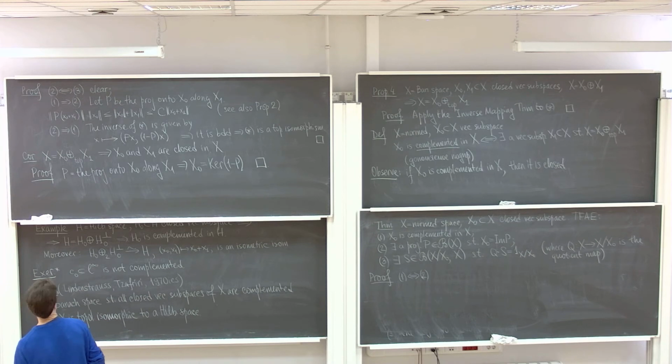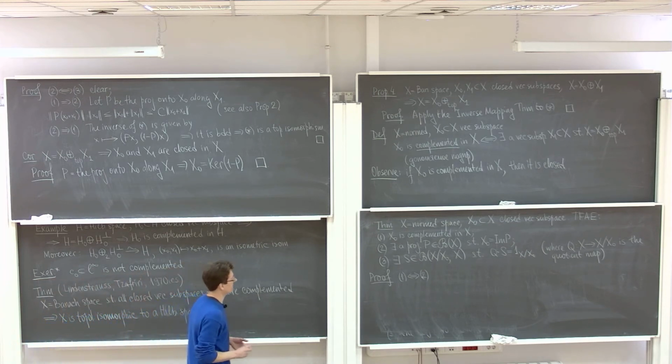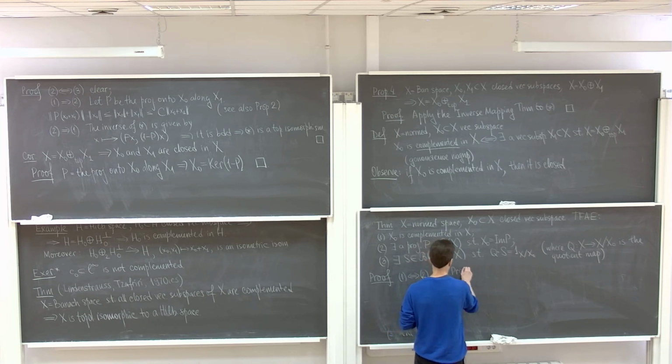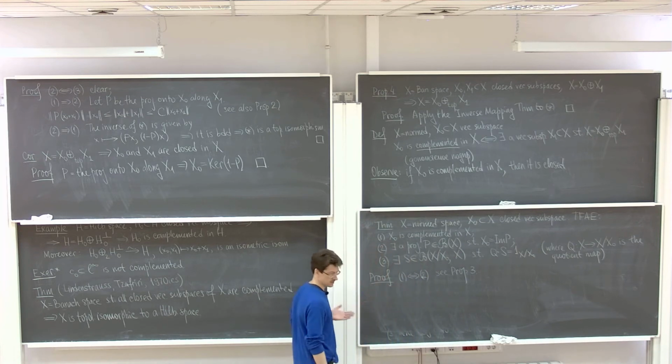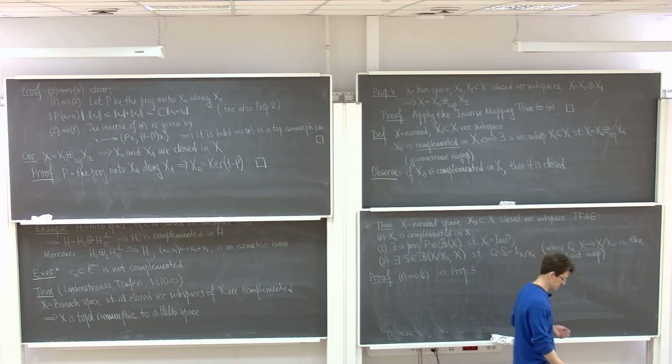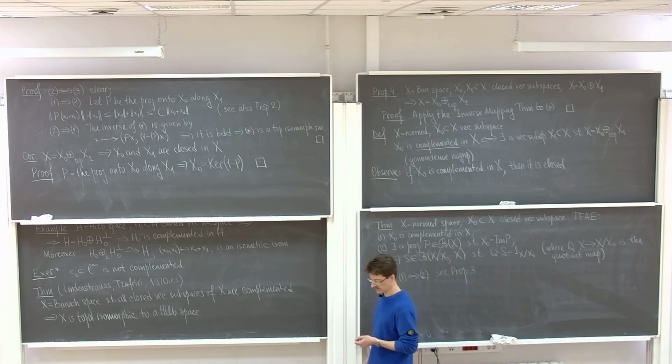Yeah, that was proposition 3. It's not on the blackboard anymore, but the statement was that if X is the algebraic direct sum of X0 and X1, then it is a topological direct sum if and only if the respective projections, or at least, in fact, one of them or both of them, this is equivalent, are bounded.